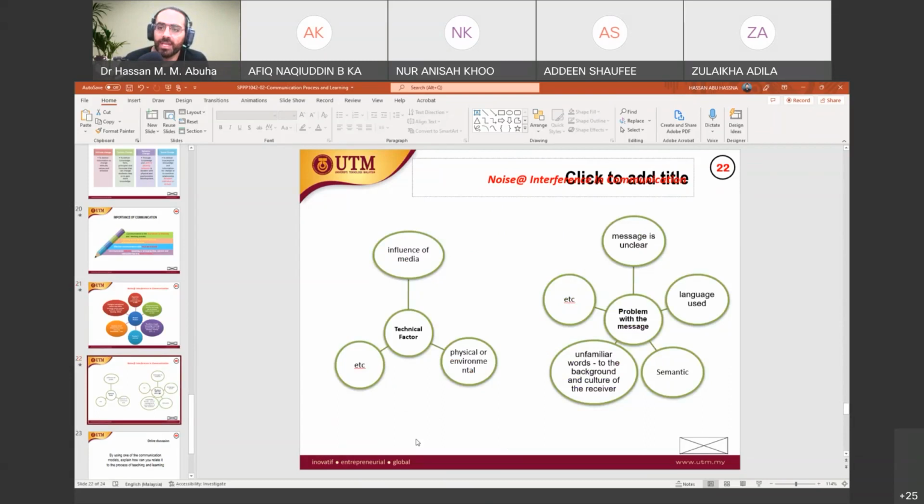The language is very complicated for your students, okay? Unfamiliar terms, words, definitions. All right, guys? So these are the three main categories of noise: human, technical, and the problem with the message itself. I hope everything is clear so far.